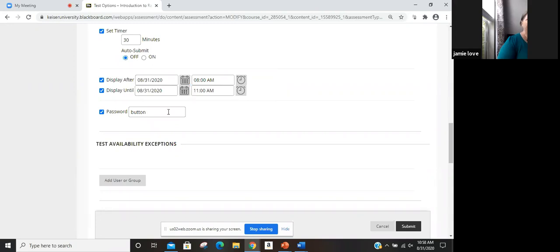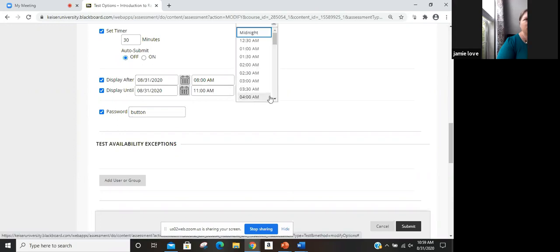All right, so I put the password as button, BUTTON. So I better make it last longer than that. It's already 11.